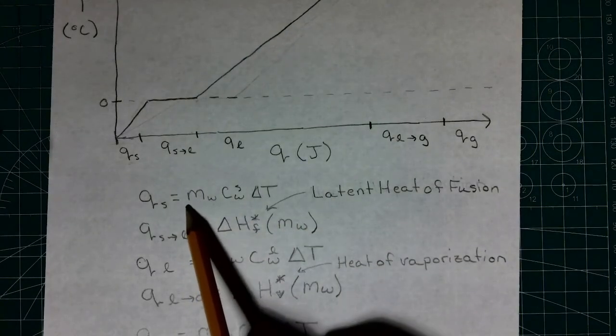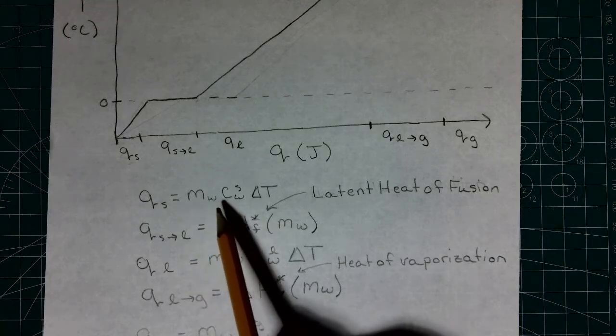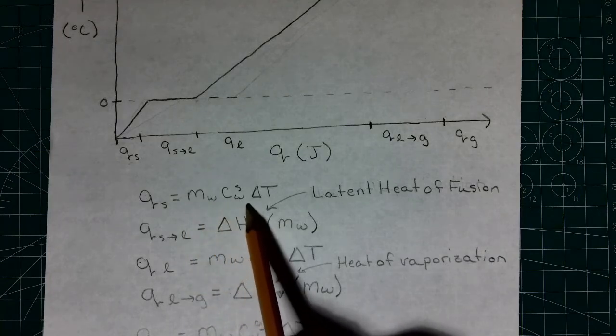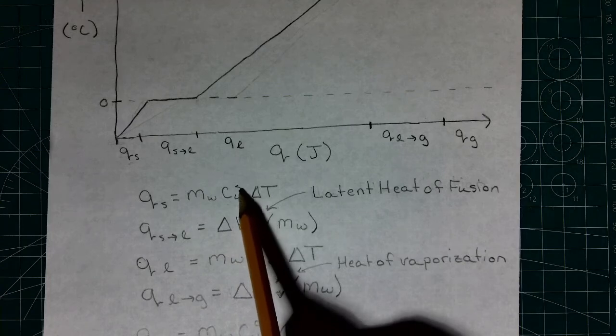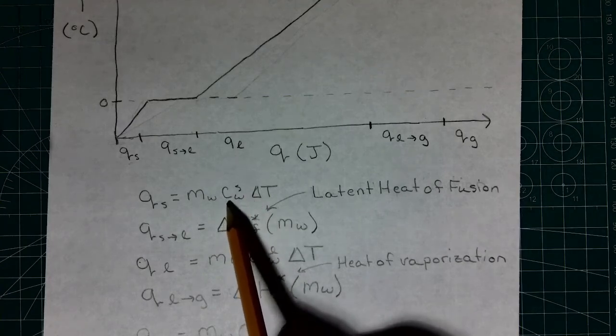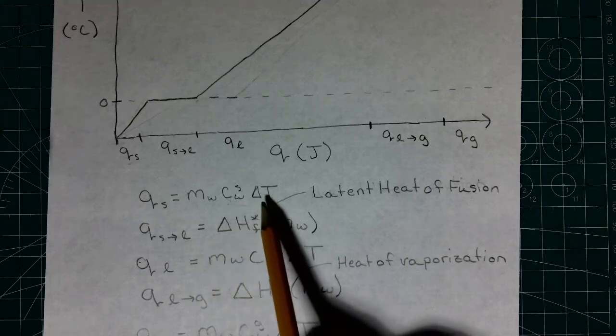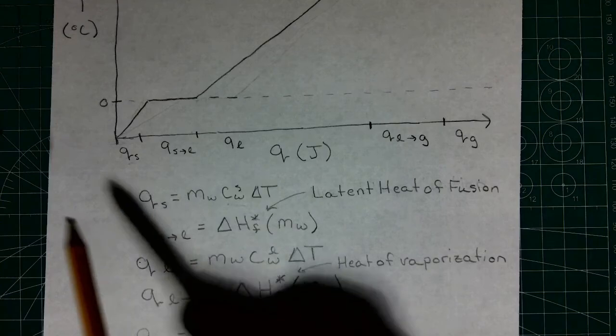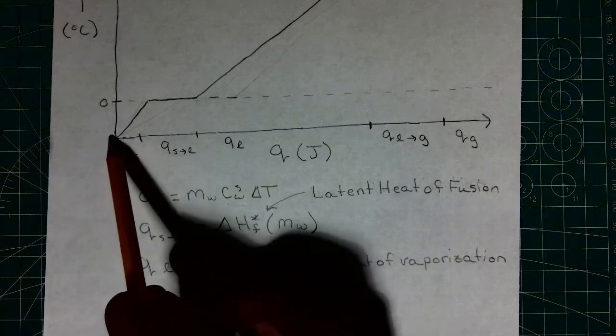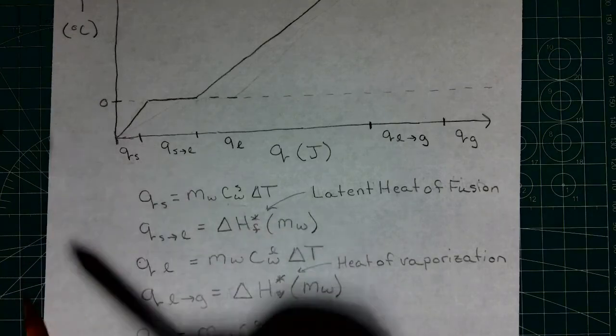It would be the mass of that ice, that water, times the specific heat of the water as a solid. So water is going to have a different specific heat when it's ice as compared to when it is a liquid, times the change in temperature, the difference between the point where it started and 0 degrees Celsius.